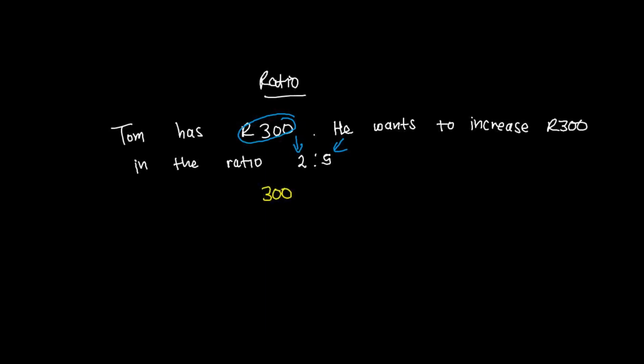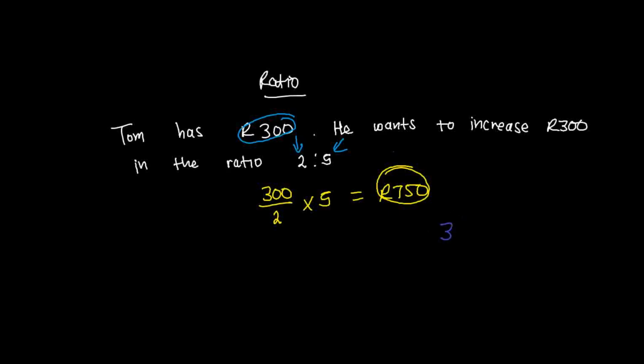So it's going to be 300 divided by 2 multiplied by 5, which is 750 rand. So if I want to increase 300 rand in the ratio of 2 is to 5, it will be equal to 750 rand, right?